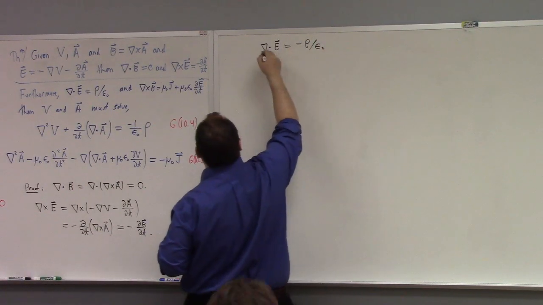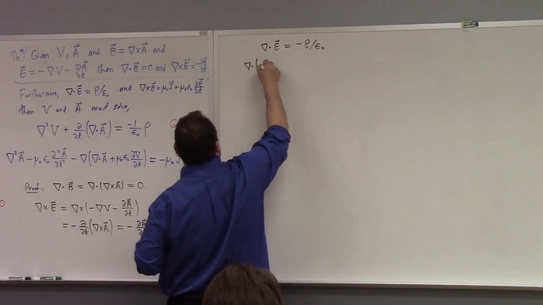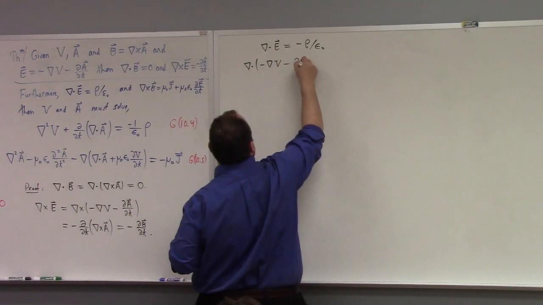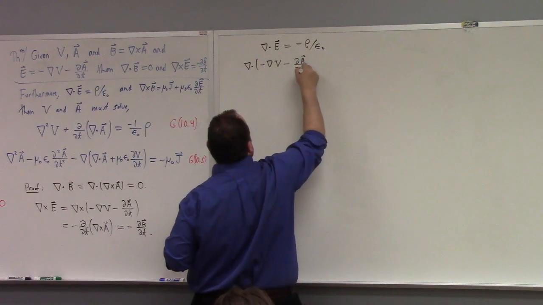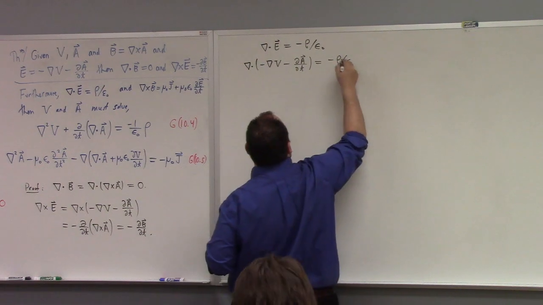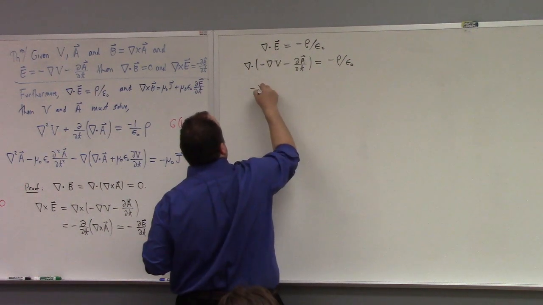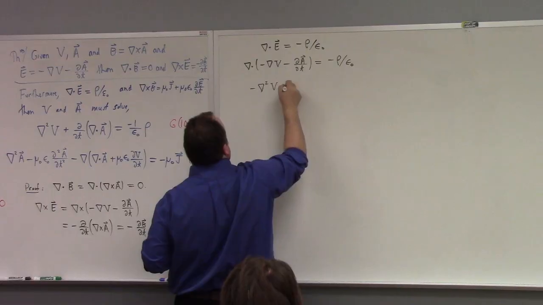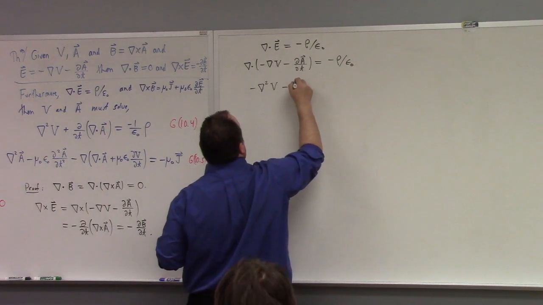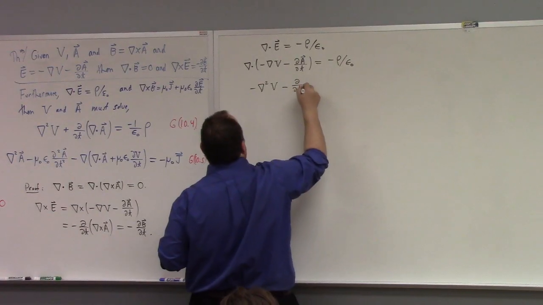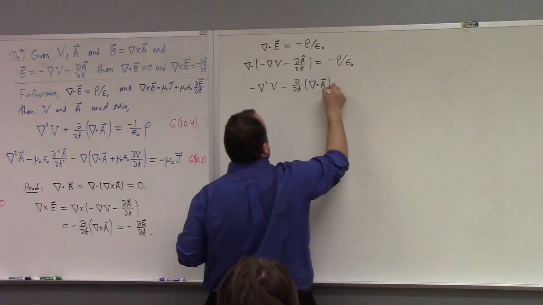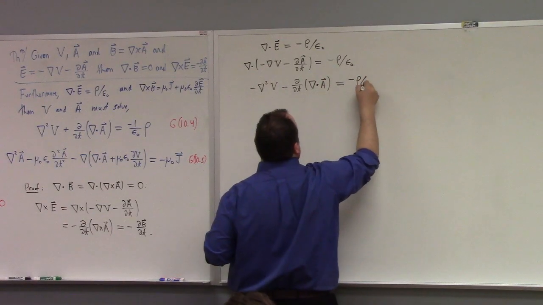So the divergence of minus the gradient of the voltage minus partial A partial t is equal to rho over epsilon naught, which says that minus the Laplacian of the voltage minus partial t of the divergence of A is equal to rho over epsilon.